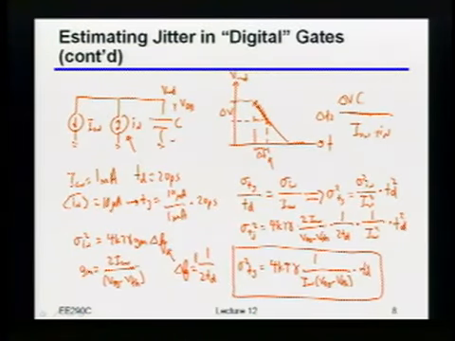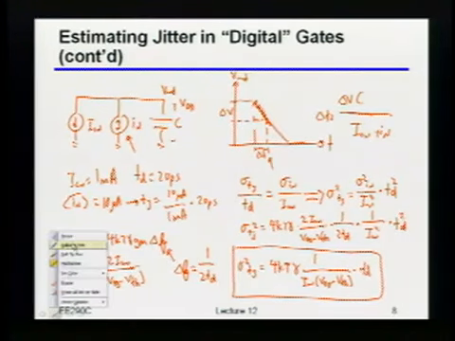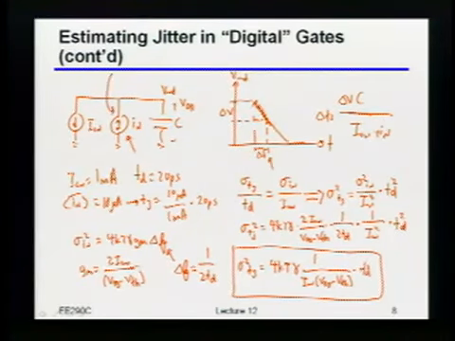So, I'm sorry, why do you start with that box function in the first place? Okay, because remember what I'm doing is, I have this noise current, right? And for every time before the transition, I basically don't care what that noise current is, right? And for every time after the transition, or excuse me, after I've crossed the center point, I also don't really care what it is, right?